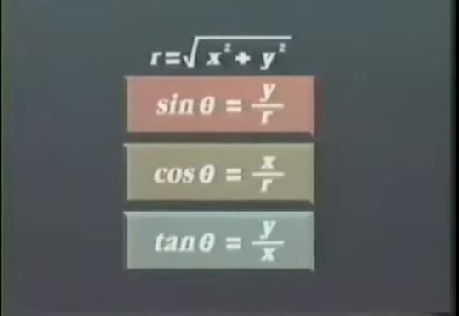In the last program, we looked at angles on the Cartesian plane and defined r and the trig ratios using coordinates. Now let's look at a special case. Here, the terminal arm rests on the y-axis with theta being 90 degrees.